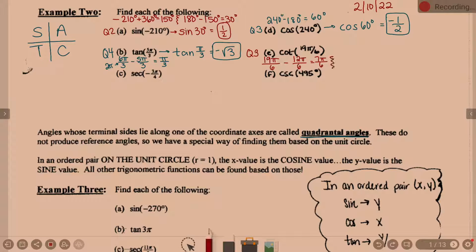Yeah. So we're going to take 7 pi over 6, and now we're subtracting 1 pi, because it's not about trying to make it smaller or bigger. It's about how far it is from the x-axis. And if that x-axis is 1 pi, what do I want to use for 1 pi? 6 pi over 6. 7 pi over 6 minus 6 pi over 6 is pi over 6.